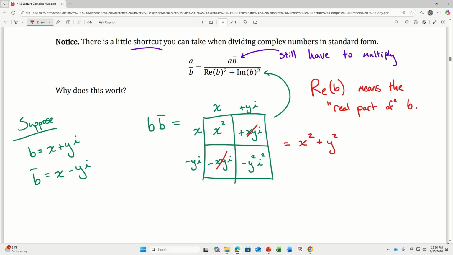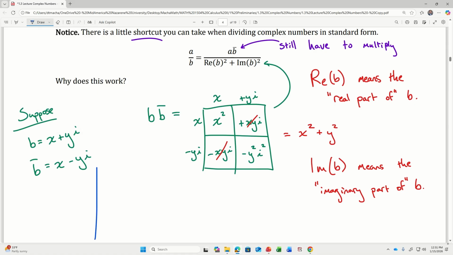And likewise, IM of b means the imaginary part of b. So rather than having to draw a square and multiply in the denominator, if you just square the real part, square the imaginary part, add them together, that can be a little shortcut.